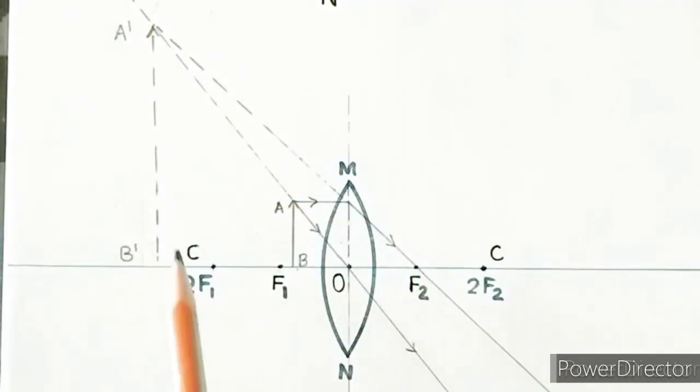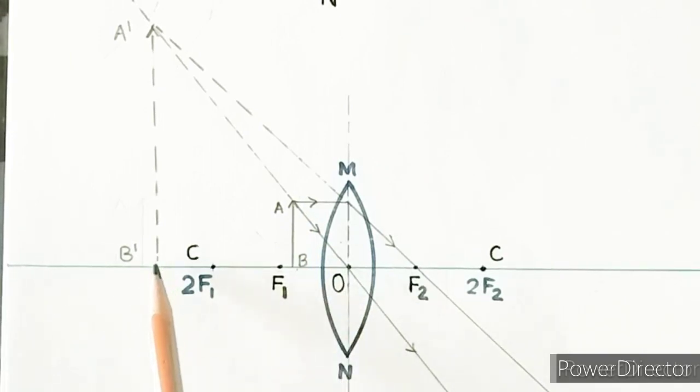Now what is the size of the image? Or let's see the position of the object and the image. The position of the object is between optical center O and F1. What is the position of the image? It is formed beyond 2F1. Now what is the size of the image? See the size of the object. This is enlarged.